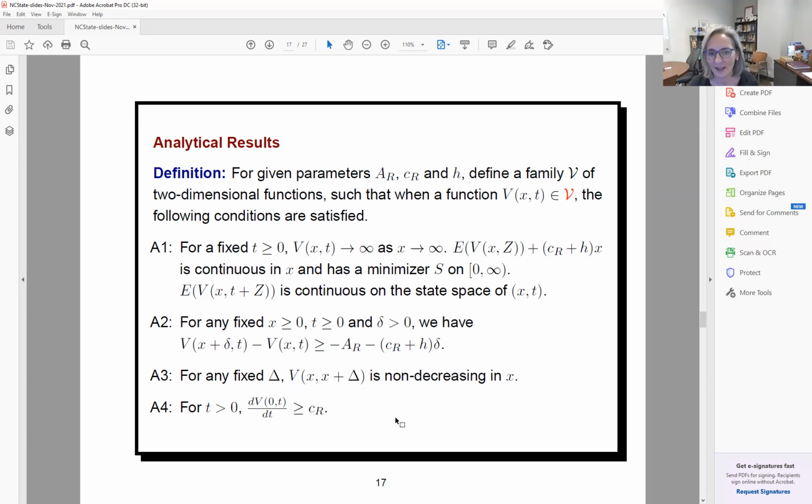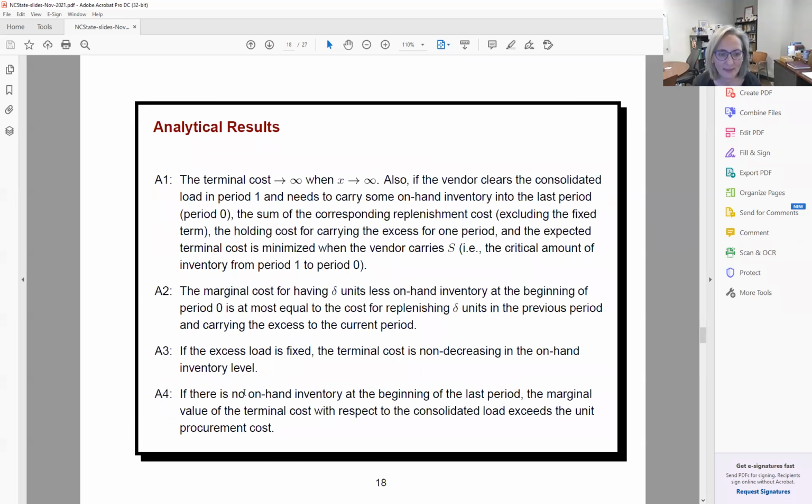We say that an arbitrary function, capital V, belongs to the family of functions script V if these properties are satisfied. These properties look very technical, but they each have a meaning, an interpretation that is realistic in the context of an inventory application.